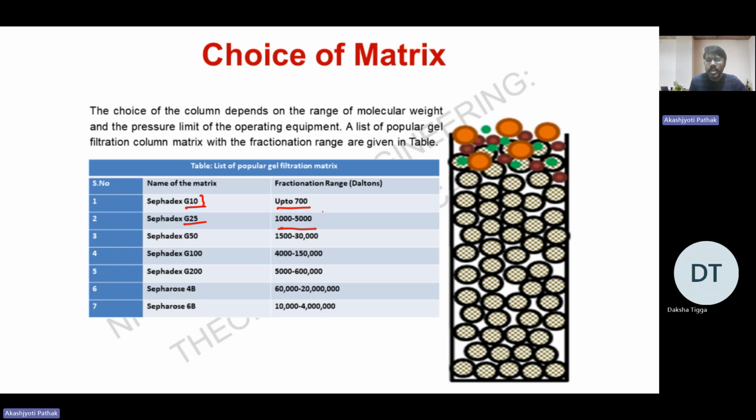Okay. So if a protein molecule has a size, for example, 5500, then that molecule cannot enter inside the pore. It will be excluded and it will be eluted in the void volume. Similarly, if it has a size less than 1000, then also it will be excluded.